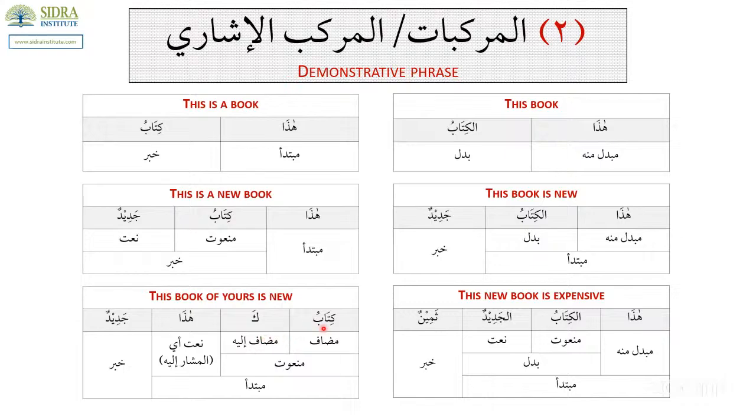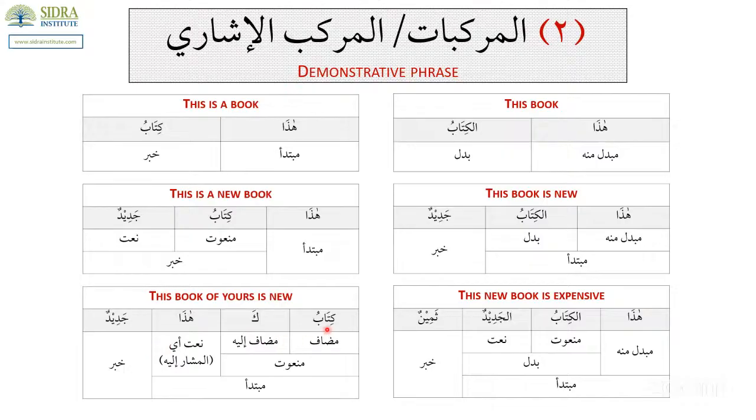But we won't say this book of yours is new. So we'll have to bring the words your book first, and then the demonstrative pronoun Hadha will actually play the role of nat in this situation, and it'll be interpreted as al-musharu ilayh. So kitabuka al-musharu ilayh jadidun, in other words.